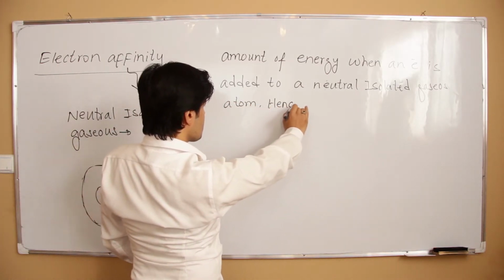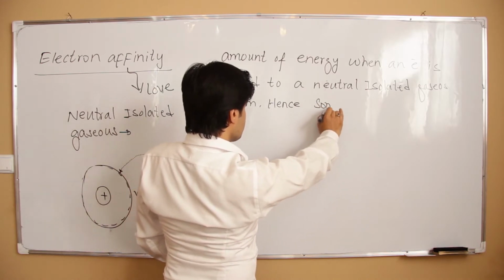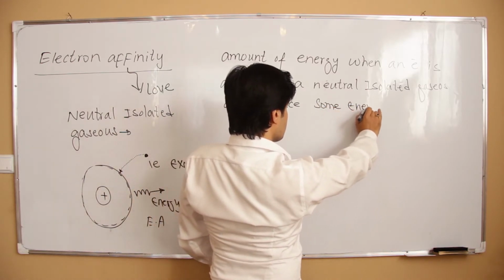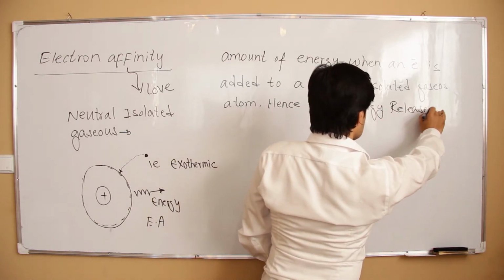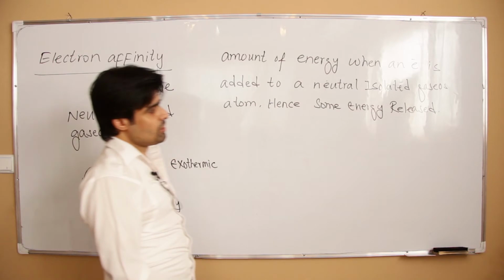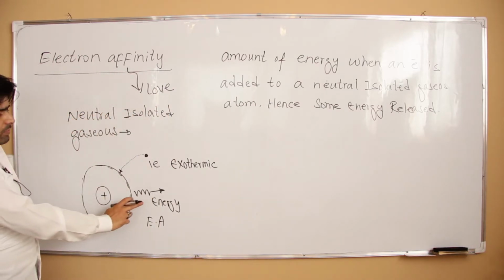Hence, some energy is released. The amount of energy which is released from the system is called electron affinity.